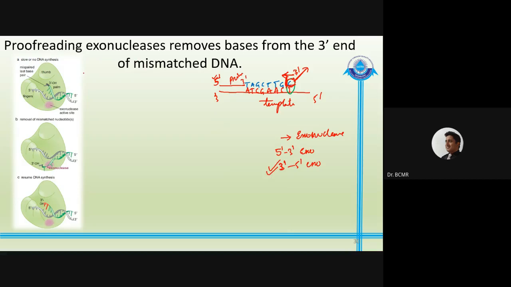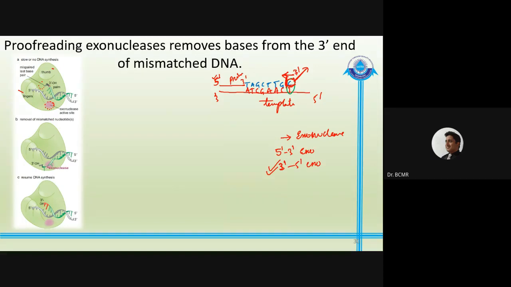Now let's try to understand the structural basis of DNA polymerase, polymerization activity and exonuclease activity. So here is the thumb region, here are the fingers, and here is the palm region, and that's the active site. The exonuclease activity is present somewhere in the bottom of the palm, or the hand.